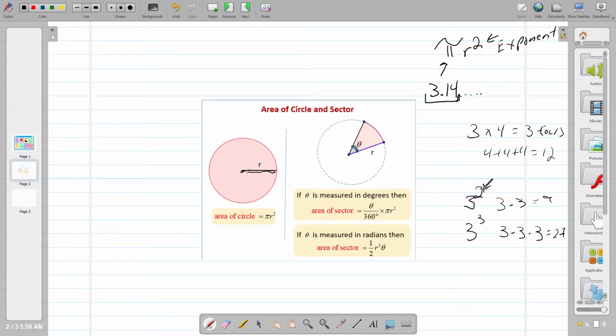The exponent just tells you how many times you multiply the 3, or whatever the number coming with the exponent is, by itself. Right? So it's very, very related to multiplication in this relationship here. If that doesn't make sense to you, just remember your exponent tells you how many times to multiply the number by itself.